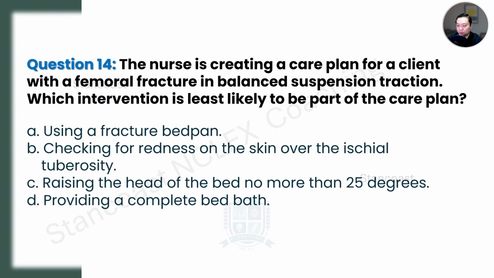C, raising the head of the bed no more than 25 degrees. And D, providing a complete bed bath. Our case here is of a patient that has a femoral fracture and has a balanced suspension traction. So you're going to select the action that is least likely to be implemented. And what would be that option?